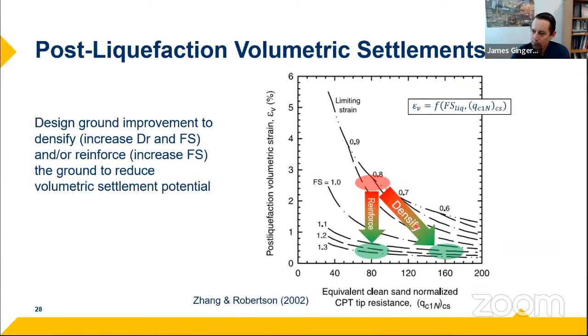If I am densifying the site, I'm increasing the tip resistance, so I'm going in the horizontal direction. But when I densify the site, I'm also increasing the factor of safety against liquefaction, because a denser site has a higher cyclic resistance ratio. So I'm going both laterally and vertically when I densify the site.